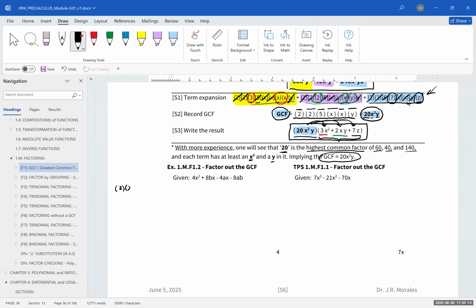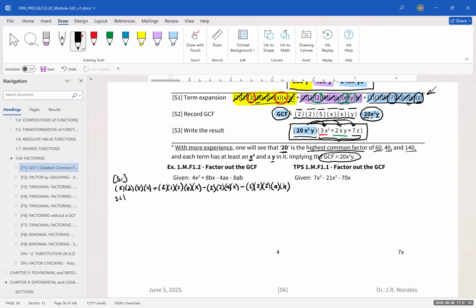So I've got 2 times 2 times x times x plus 2 times 2 times 2 times b times x minus 2 times 2 times a times x minus, and then an 8 is three 2's multiplied times a times b. So that's step 1.